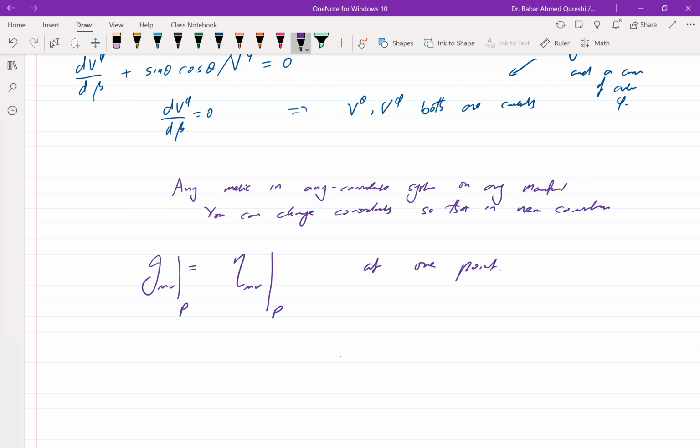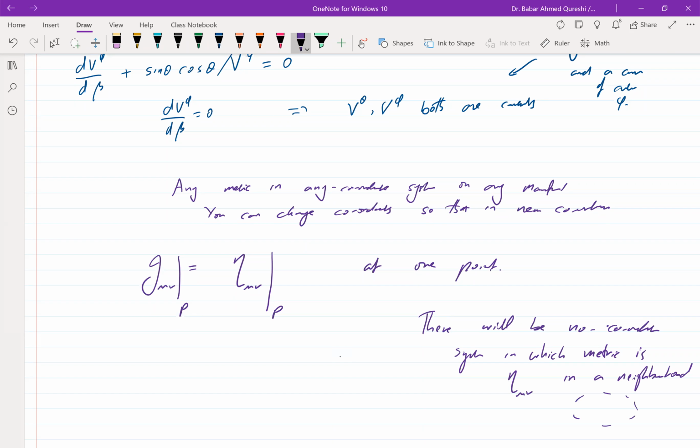So no matter if you are in curved space or not, even if you are in curved space, that means there will be no coordinate system in which the metric is eta mu nu in a neighborhood.